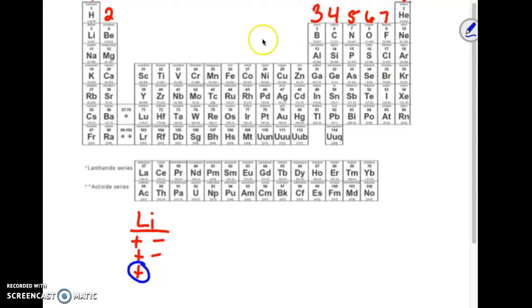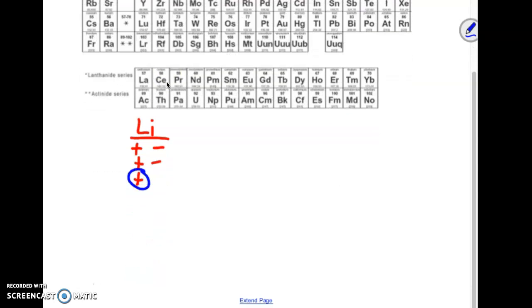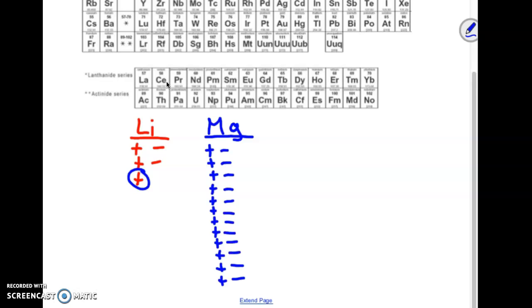Okay, now for example, again, let's use magnesium over here for group number 2, just for another example. Magnesium has 12 protons, and it has 12 electrons.